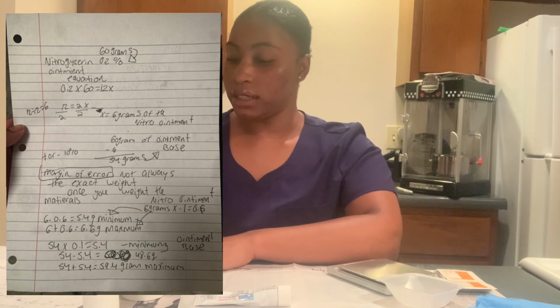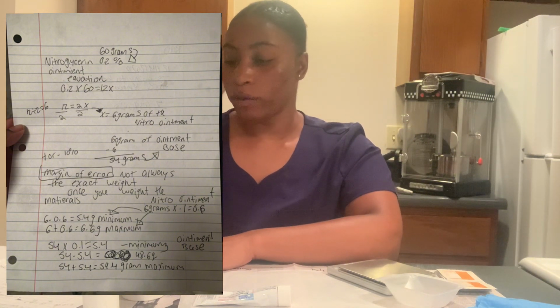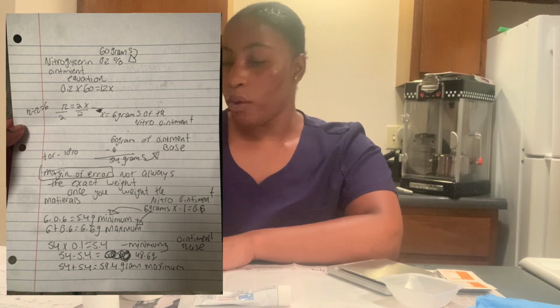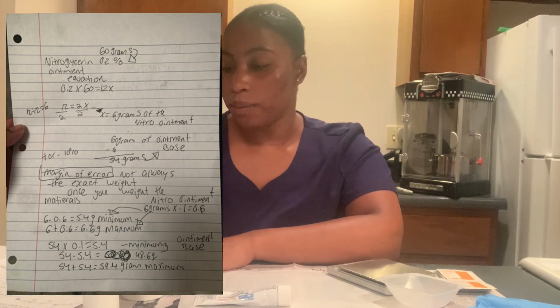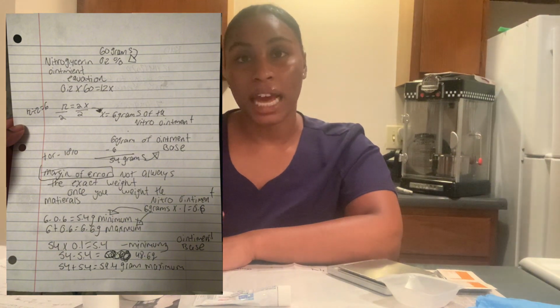So 6 grams minus 0.6 equals 5.4 grams, our minimum allowable weight. And how I got the 0.1 is we always plus or minus 10% as our margin, to get our minimum and maximum allowable weight.